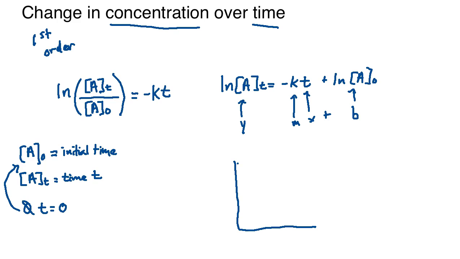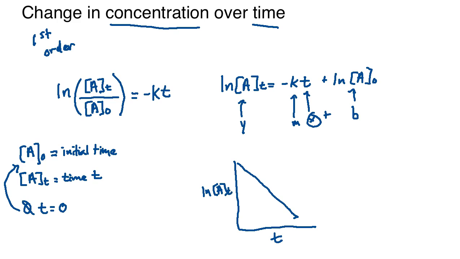The way that you would look at this is you've got some initial concentration. It's going to decrease as time goes on. And as far as the axes are concerned, t is your x here, right? So there's x, we're identifying that as t. And then the y, the dependent variable, is going to be along here, and that is going to be ln A at time t.